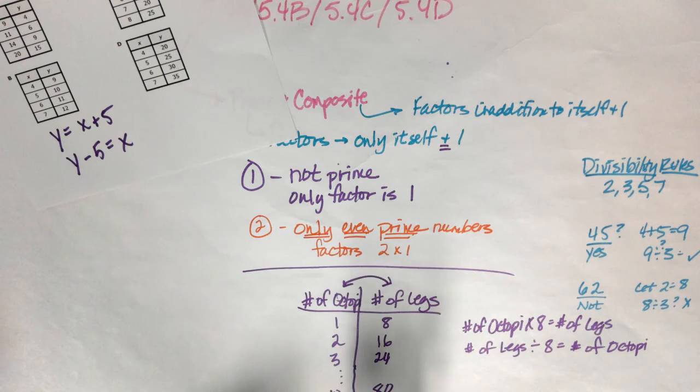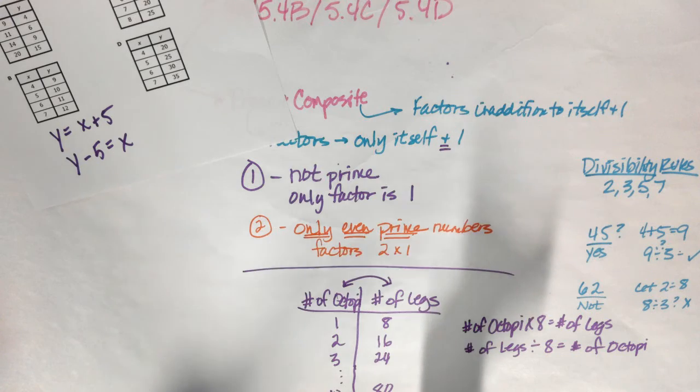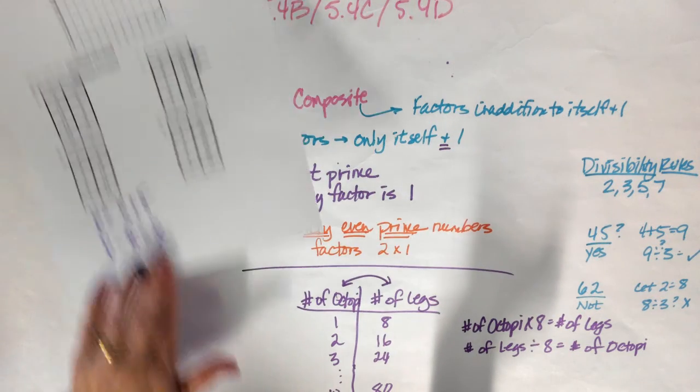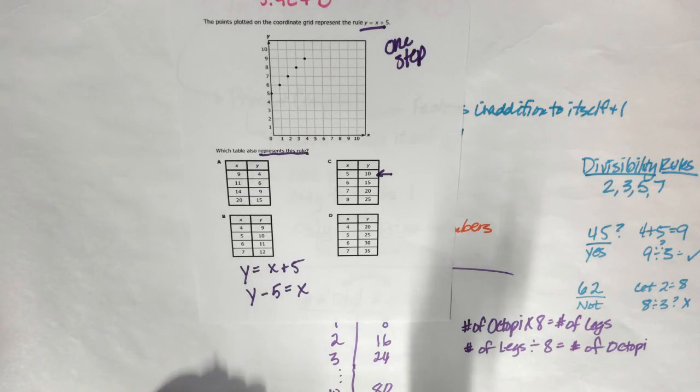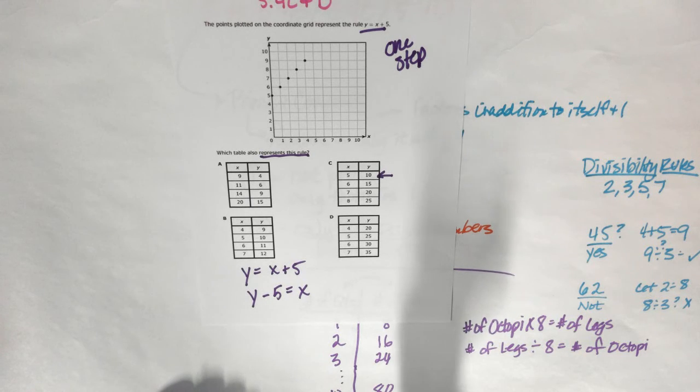Now, the second part of this that we're going to talk about is 5.4D, which is the standard that says students have to recognize if this is an additive or a multiplicative relationship. So if I go back to this problem, I could say that this is an additive relationship because it's either using addition or subtraction.